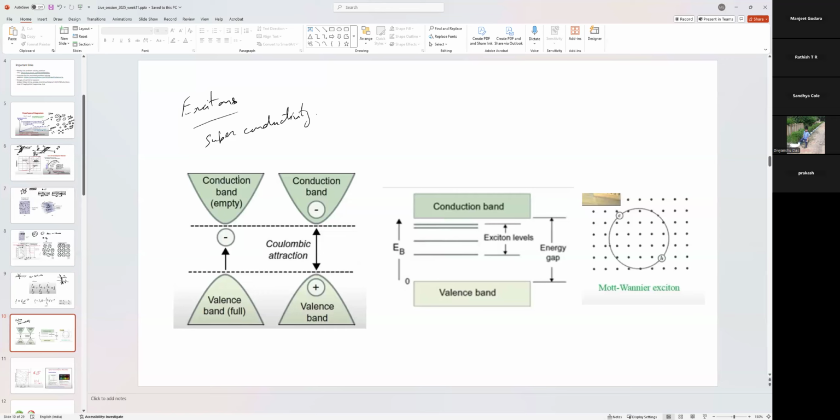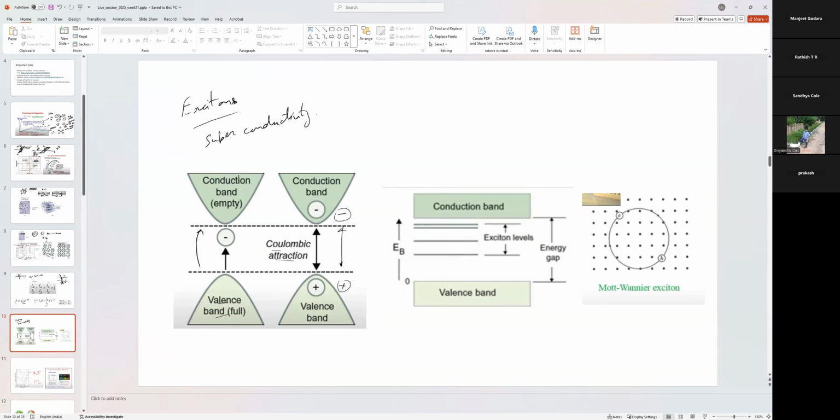What's happening is from the valence band, one electron jumps to the conduction band. Now you have a positive hole left here and an electron over here. If they remain close to each other, what will happen? There will be a Coulombic attraction between these two. That will reduce the energy required to excite this electron.